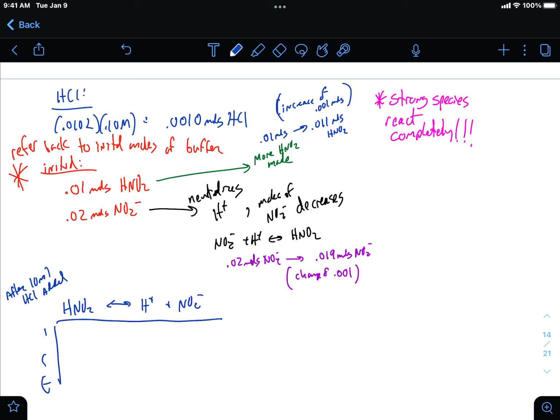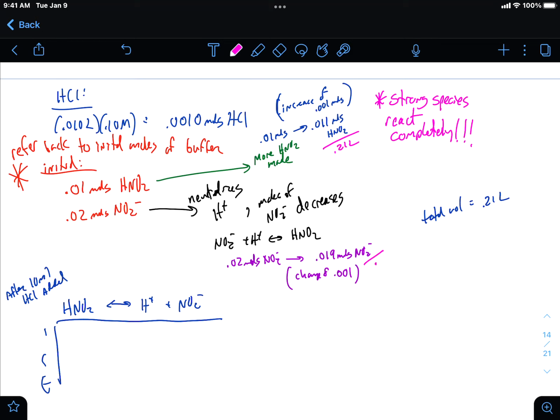Okay, let's figure out our concentration. So what is our total volume right now after we took the buffer and we added 10 milliliters of acid to it? Yeah, 210. So 0.21 liters. Okay, so that means each of our moles has to be redivided by that volume. So up here, divided by 0.21 liters.